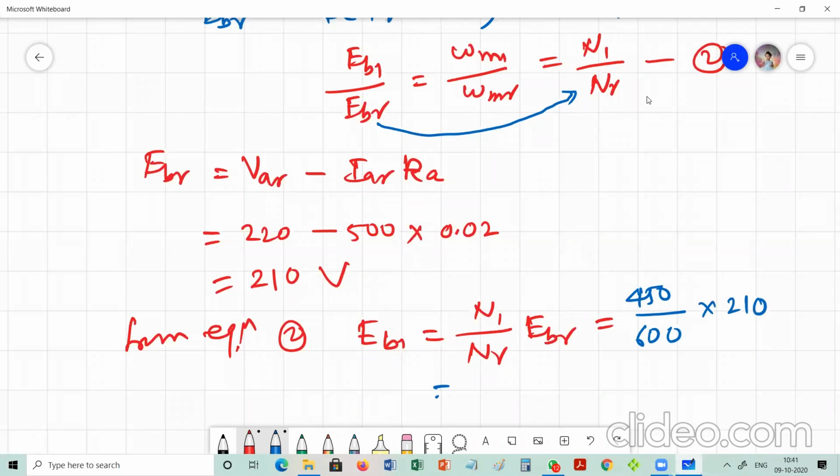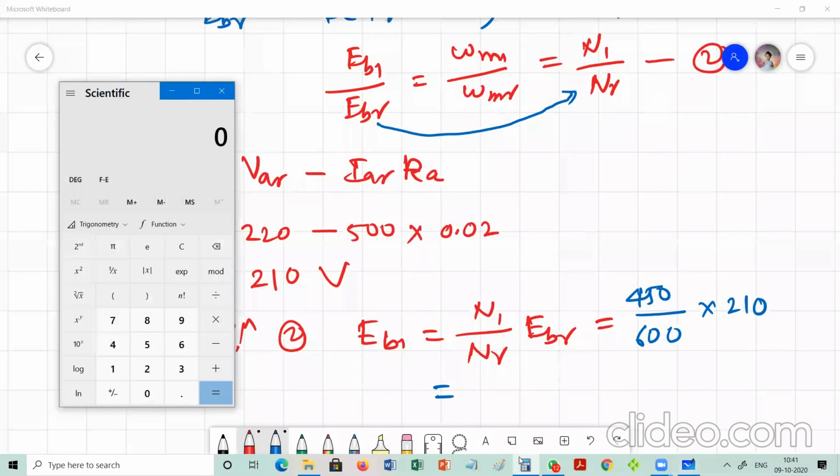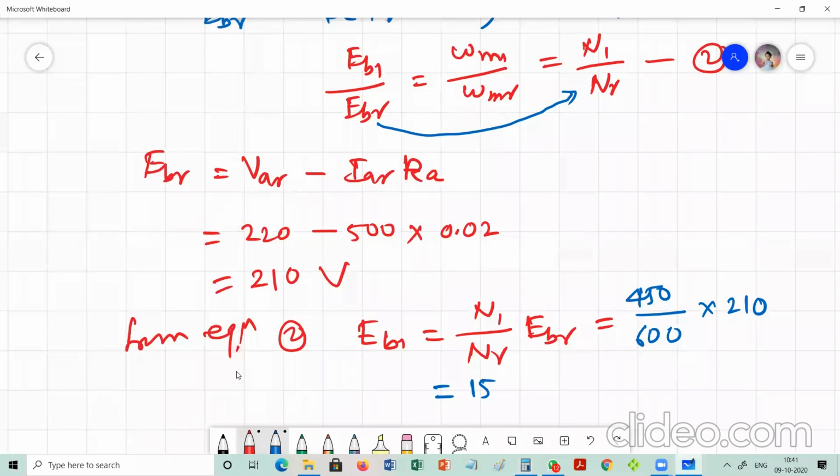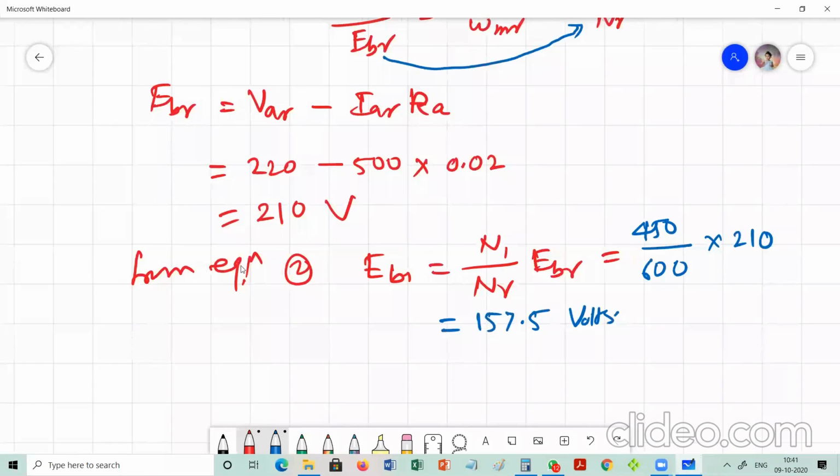I will use the calculator. 450 into 210 divided by 600, 157.5 volts. This is the EB1.